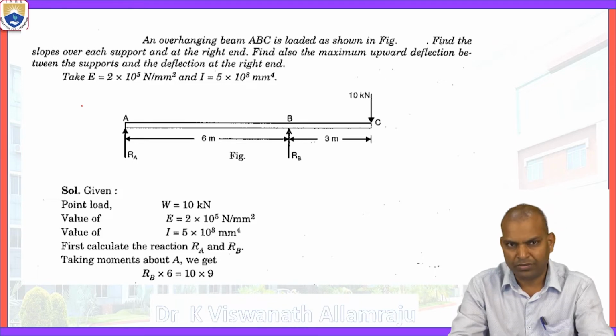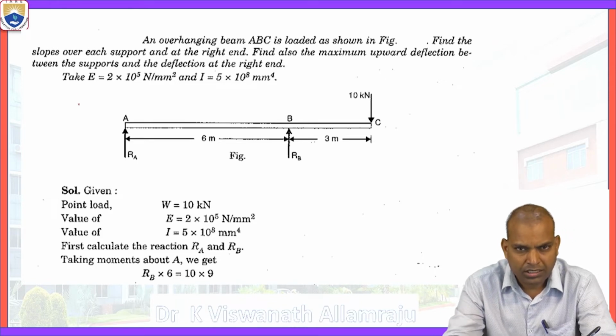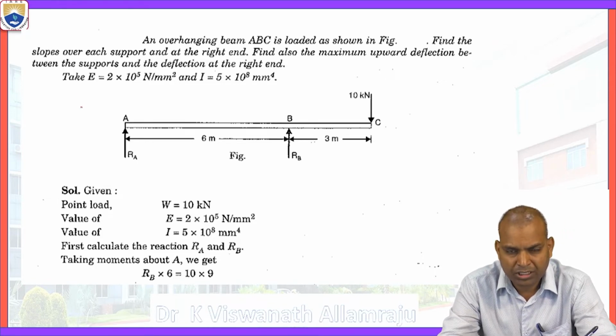That equation is partitioned by dotted lines, such that each partition indicates a particular span of the beam, and the slope and deflection can be calculated from that equation.